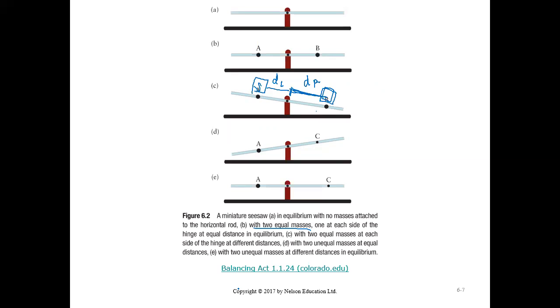Okay. Let's look at D. In D, we have the same distance, but this time the forces are different. This is the big and opposite, this is the small. So yeah, you can see the turning effect depends on the force as well as the distance to the force.